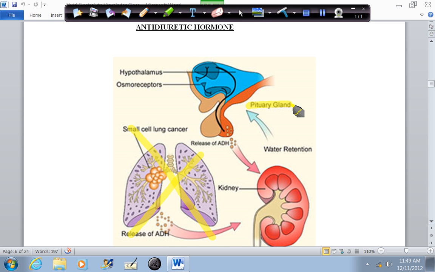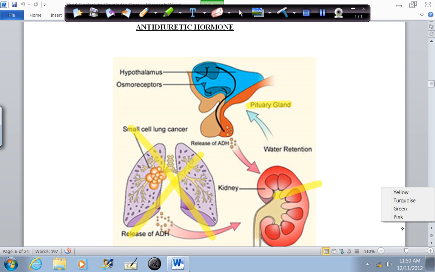The antidiuretic hormone is going to travel down to the kidneys, down to the collecting ducts, and it causes decreased diuresis because it's antidiuretic. If you have decreased diuresis, you are losing less water, so in a sense it's a water gain. And now the blood has become less concentrated.